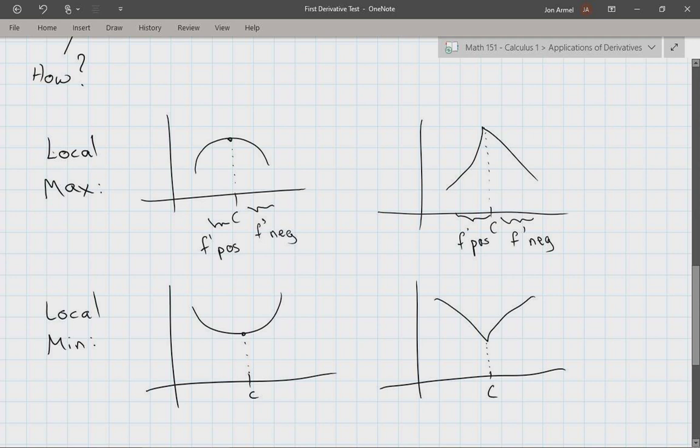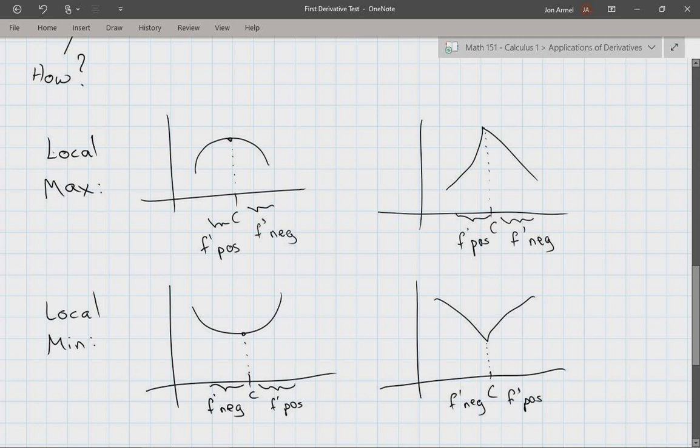Now if we look at the first derivative, on the left side, f prime is negative because the function's decreasing towards that minimum. And on the right, f prime is positive. The function's increasing after the minimum to get bigger. And the same thing happens in the does not exist case. On the left, f prime is negative, and on the right, f prime is positive.